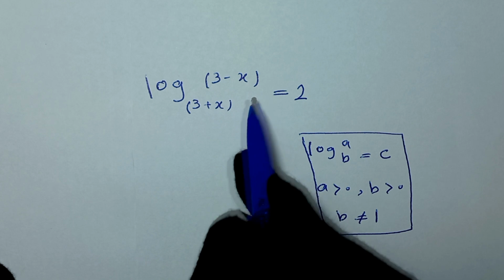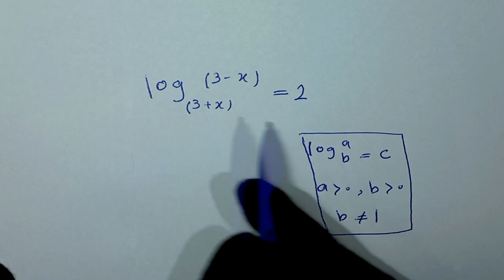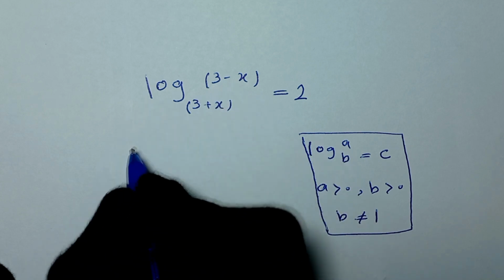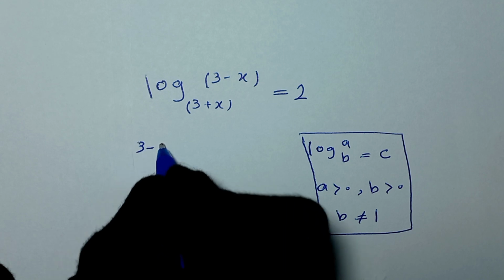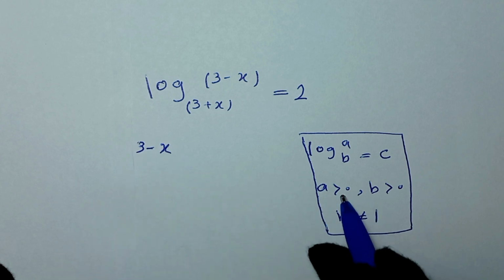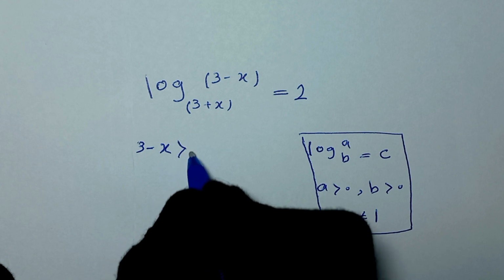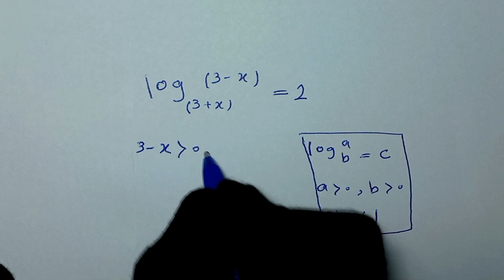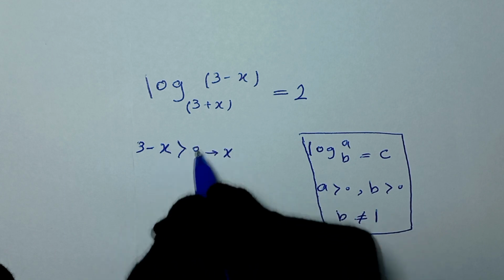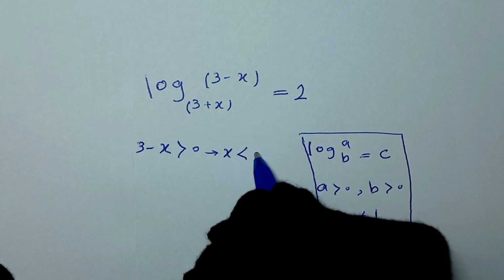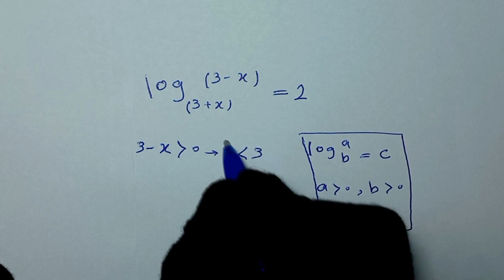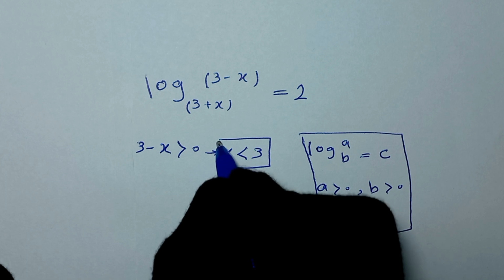And in here a is 3 minus x, so 3 minus x should be greater than 0, and from here x should be less than 3, so this is our first condition.